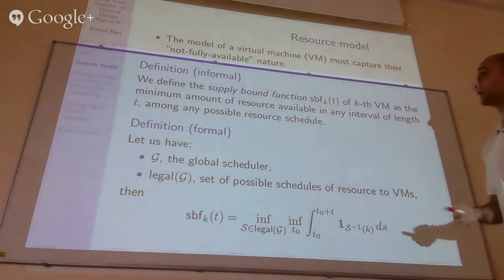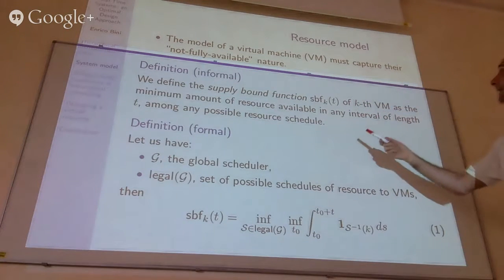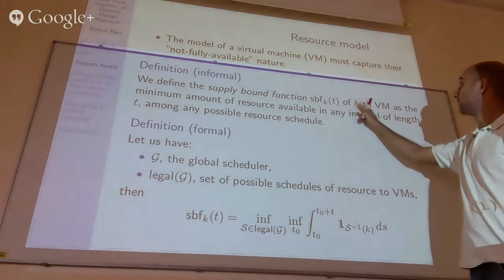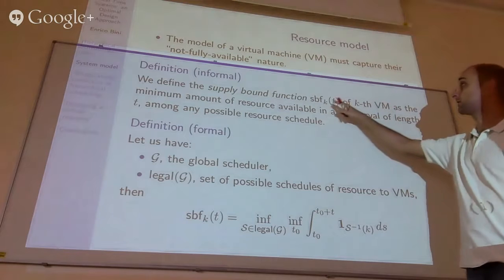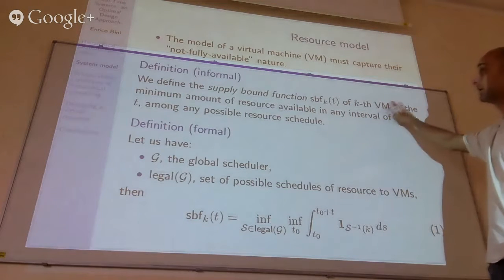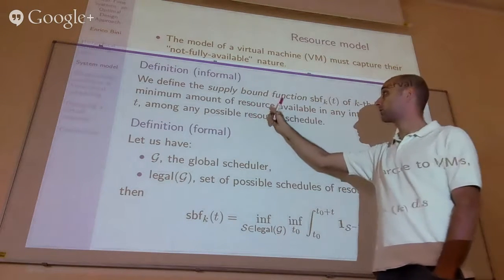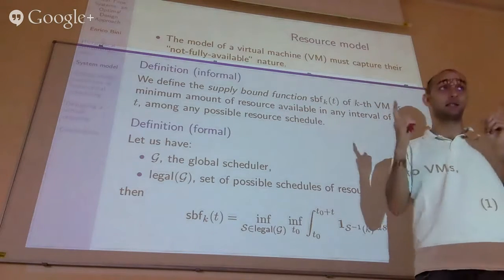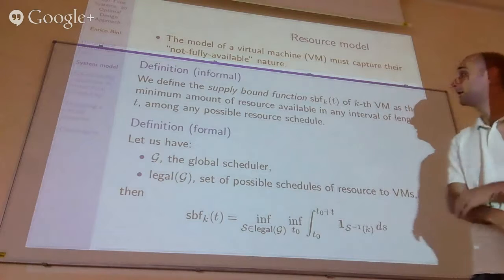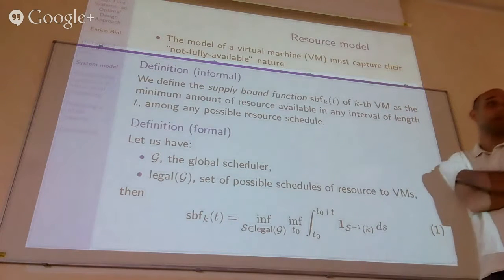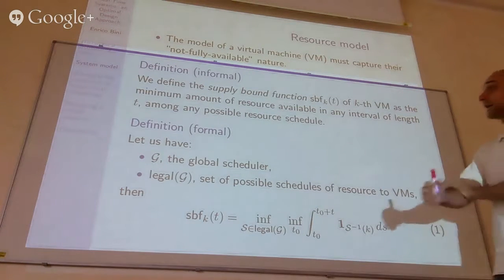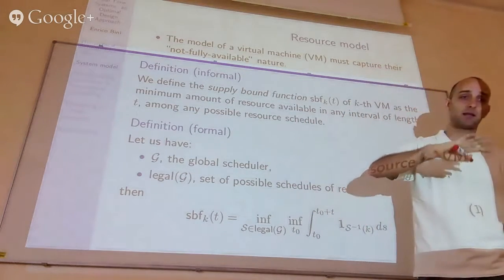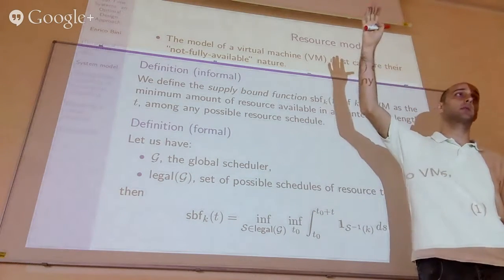We define the supply-bound function SBF_k(t) of the k-th virtual machine, where k is the index of the virtual machine, as the minimum amount of resource that is available in any interval of length t, among any possible resource schedule.